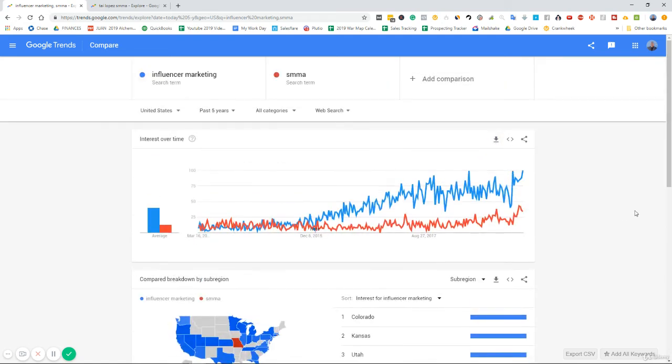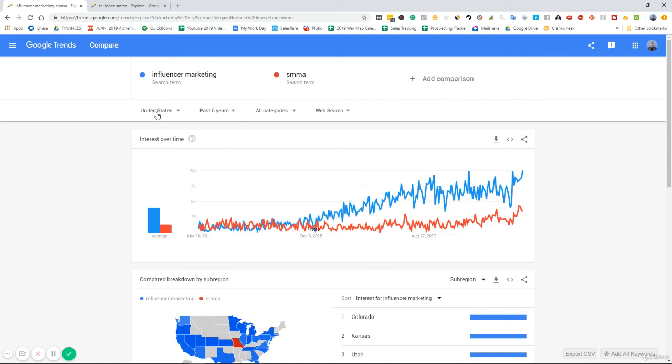So again, this tool is just to give you a general overview and outlook of a particular market, particular search queries, to find out what your audience, what your customer base is searching, what they're looking for, so that you can essentially give them what they want, right? What they're looking for.